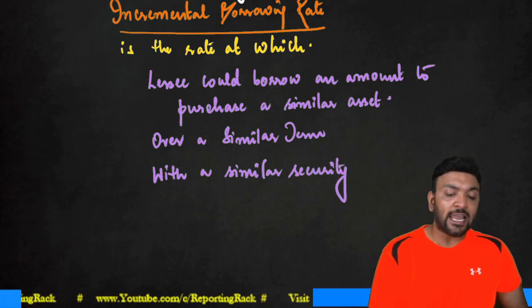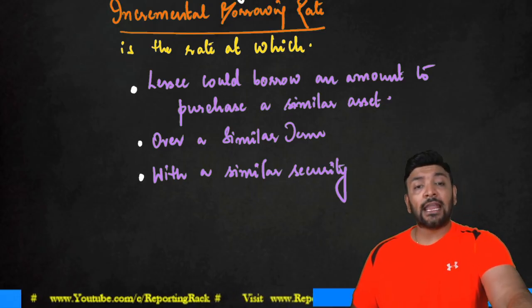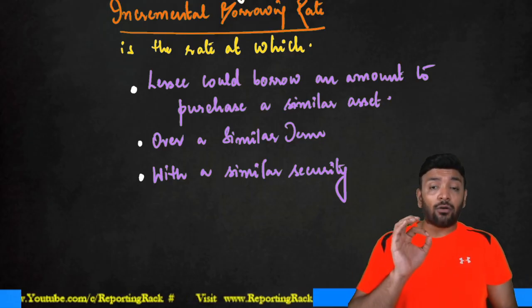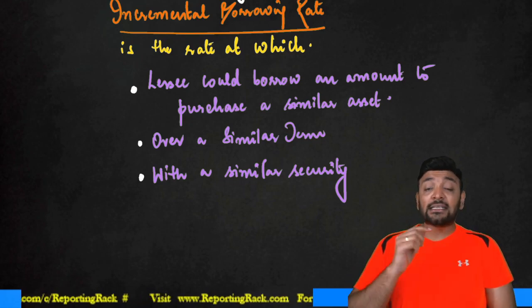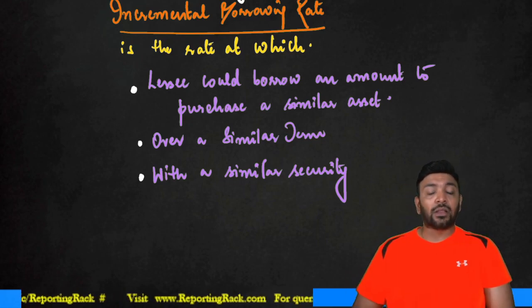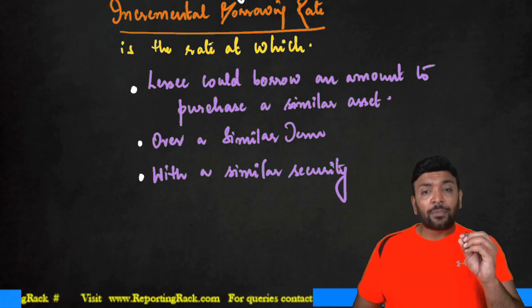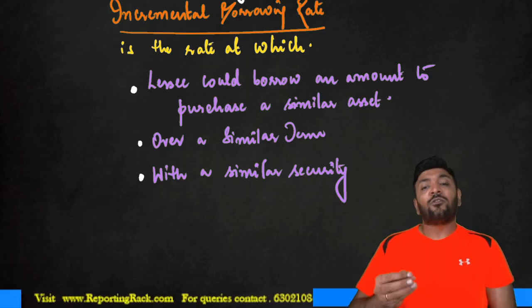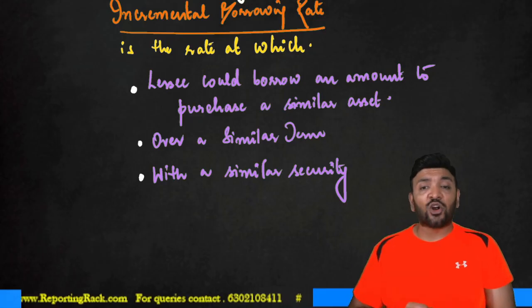So what do you mean to say? Instead of acquiring the identified asset on lease, if the lessee is intending to purchase the asset, why did you opt for lease first of all? I opted for lease because I don't have so much money to purchase the asset. I don't find any point in buying the asset because it involves so much cash outflow.